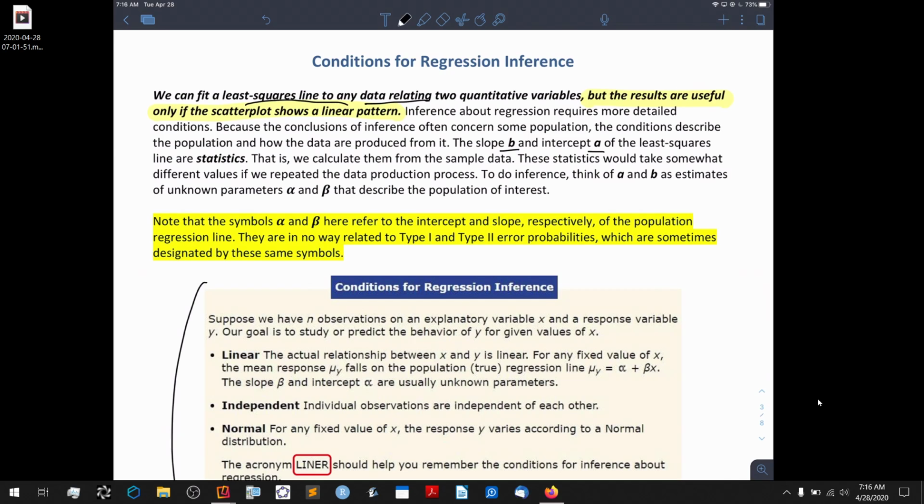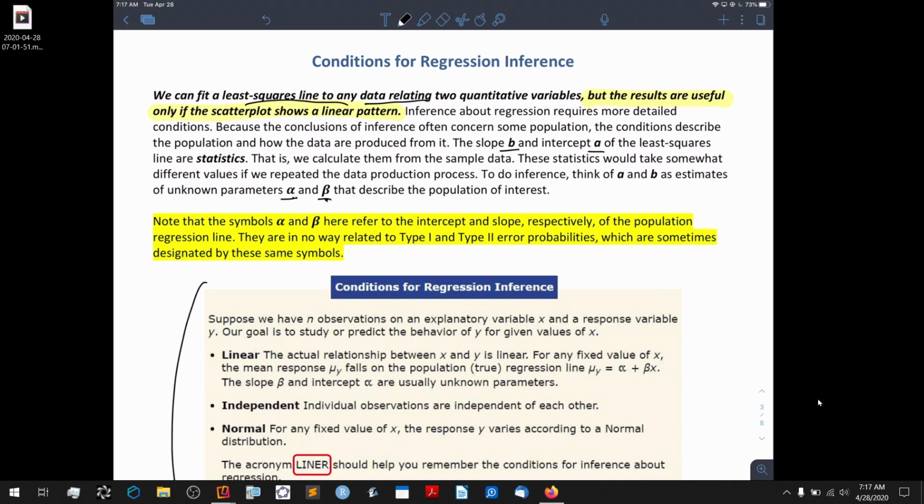Remember that b and a in our y hat equation are statistics, and so we need to make sure the conditions are met that those statistics are good estimators of the unknown parameters, alpha and beta. Alpha here means the y-intercept of the population regression line.